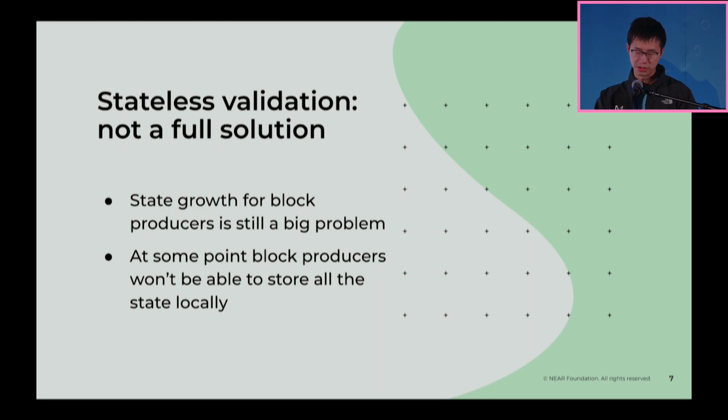And if we don't deal with this problem, it means that at some point, let's say the state size reaches on the order of several terabytes, it will still become difficult for block producers to actually store and operate them, because it's not just about storage, they also need to be retrieved in a relatively fast way when you execute a block. And the failure to do so may cause degradation of the performance of the network.